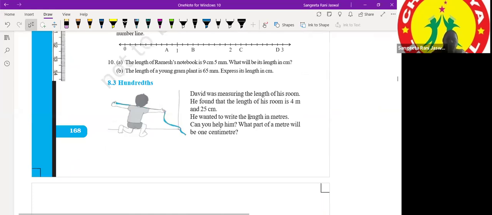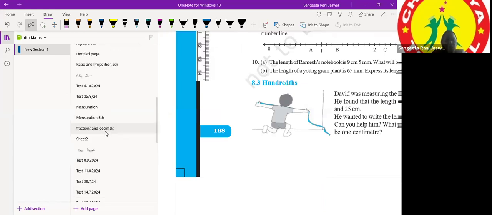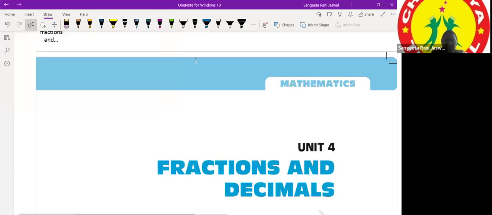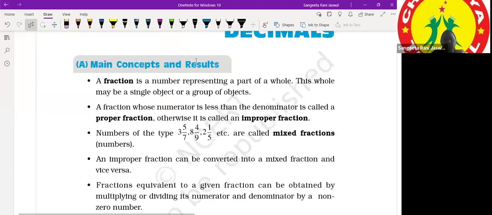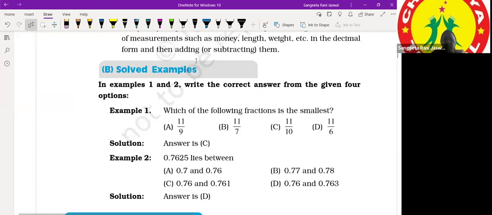Okay, children, let's take some questions from this. This is fractions and decimals both.